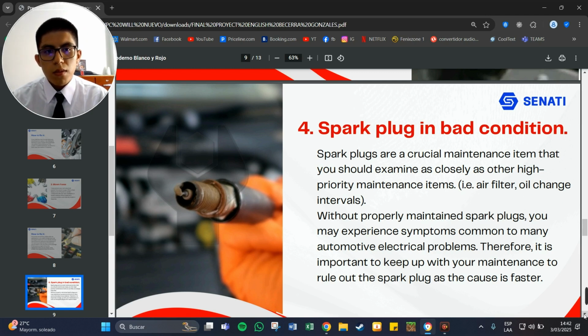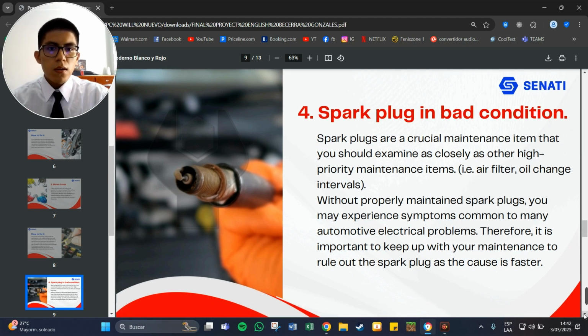Without properly maintained spark plugs, you may experience symptoms common to many automotive electrical problems. Therefore, it is important to keep up with your maintenance to rule out the spark plug as the cause faster.